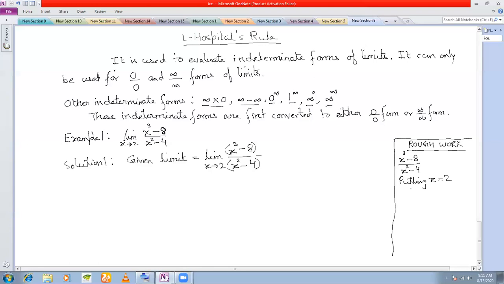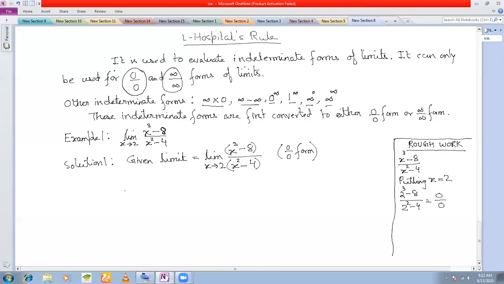What do you get? 2 cube minus 8 divided by 2 square minus 4, which is 0 by 0. So what is this form? This is 0 by 0 form, right? As I told you, L'Hospital rule can only be applied if you have a 0 by 0 form or an infinity by infinity form. So this is clearly a 0 by 0 form. We can apply L'Hospital rule.